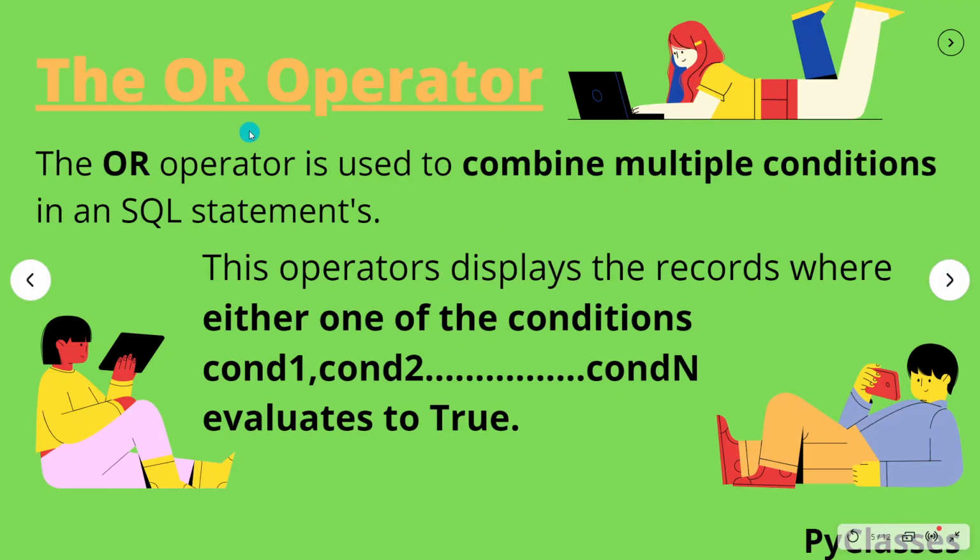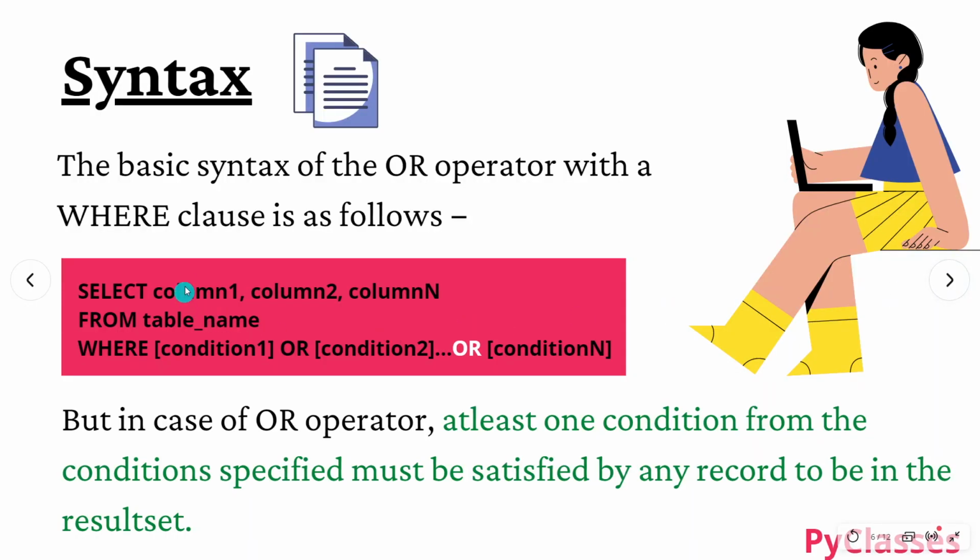Then moving to our second topic, OR operator. The OR operator is used to combine multiple conditions in an SQL statement, but this operator displays the record where either one of the conditions evaluates to true. So the basic syntax of OR operator with WHERE clause is as follows.